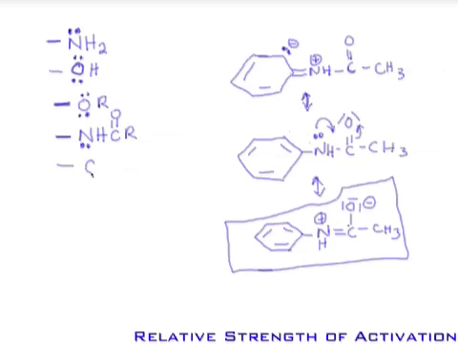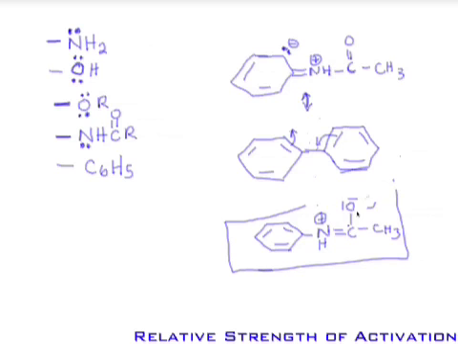Next will come C6H5, which is our benzene. Why would a benzene attached to a benzene be an ortho para director? Well, no matter how you draw the resonance structures, when you have something like this, you can do that.